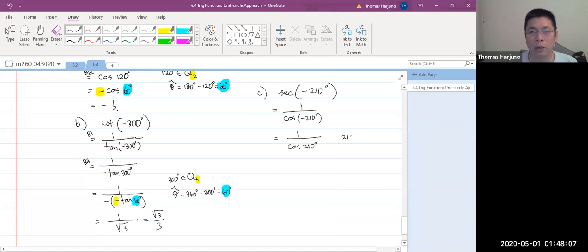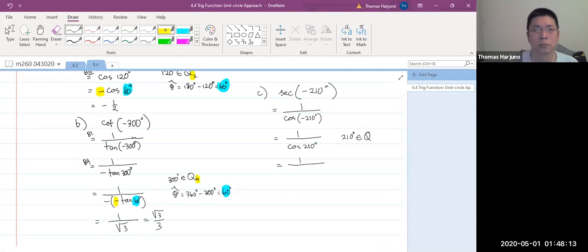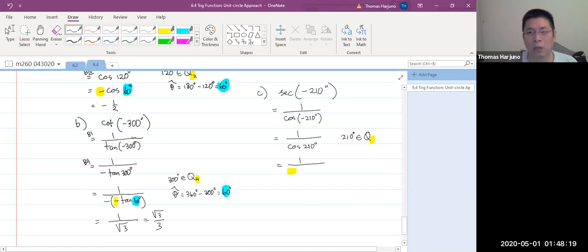Okay, 210 degrees is in which quadrant? That's quadrant 3. And in quadrant 3, cosine is negative. Negative cosine of what is the reference angle?